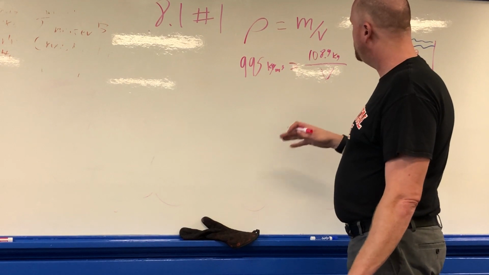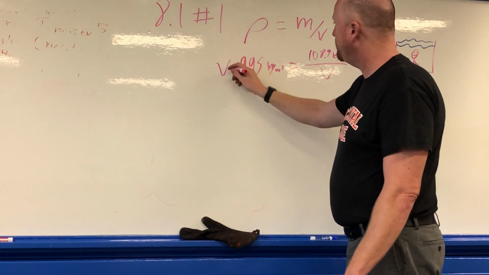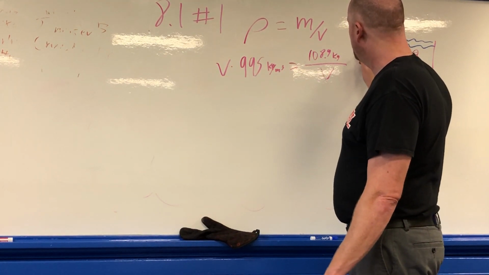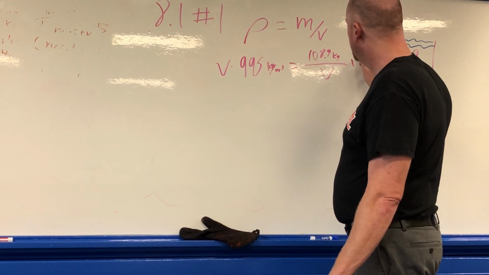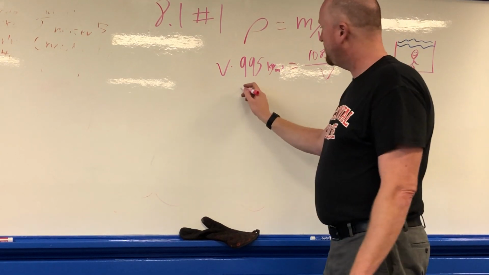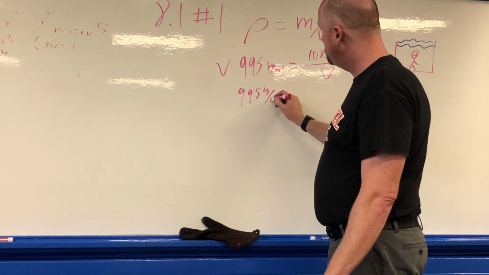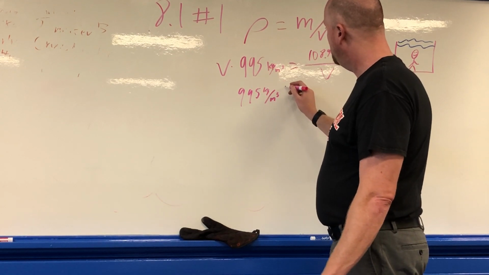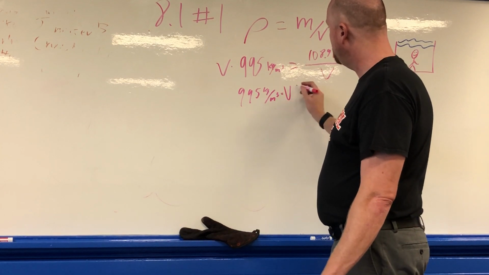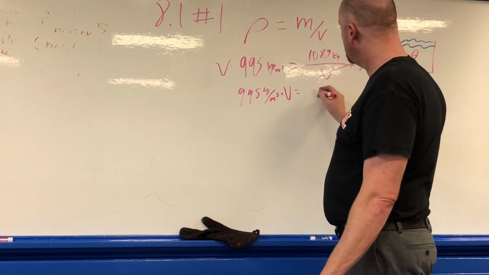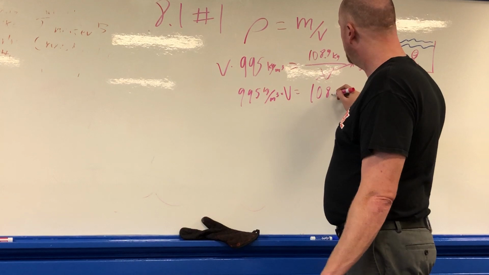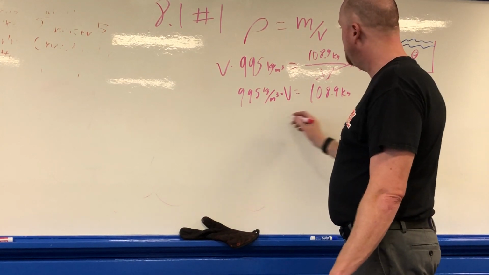Now, one thing you could do is multiply both sides by volume, and you get 995 kg per meter cubed times V is equal to 108.9 kg.